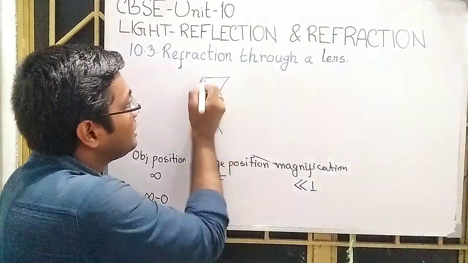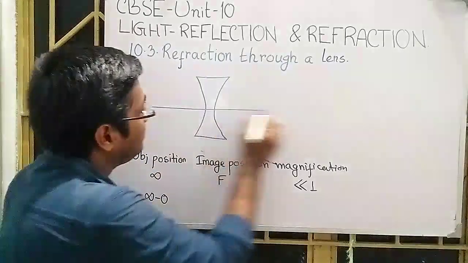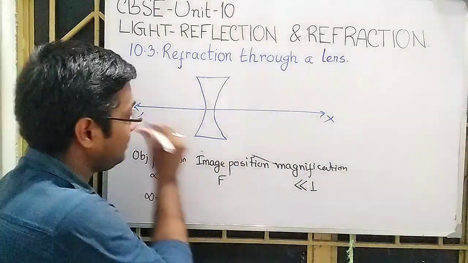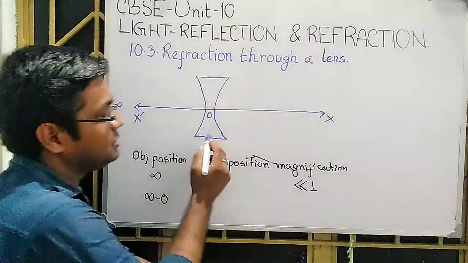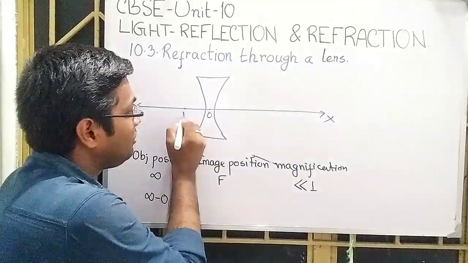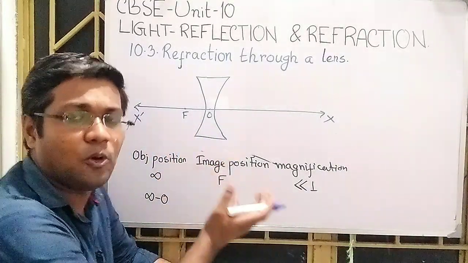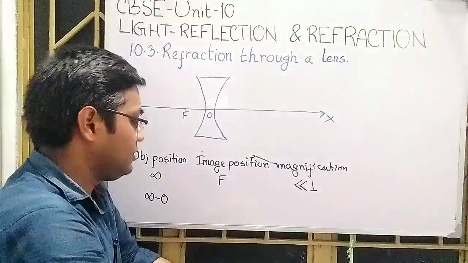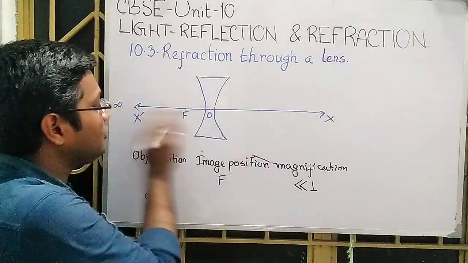This is the concave lens, X prime, optical center, infinity. And here I have drawn only the focus, because the 2F point is not so important in the case of drawing the concave lens. The object is placed somewhere in between infinity and O.